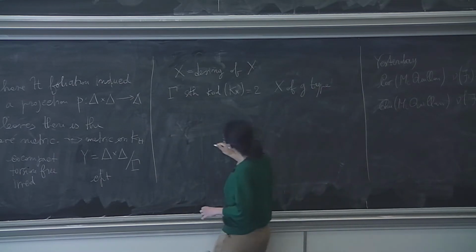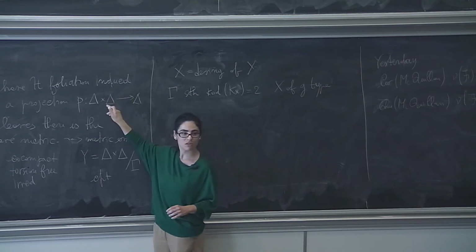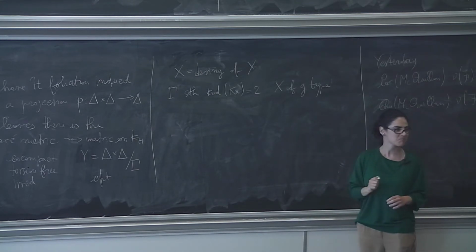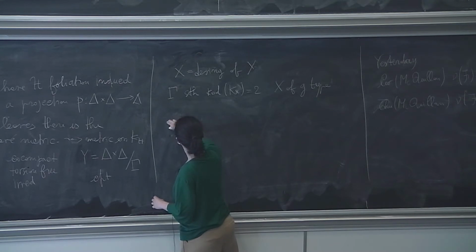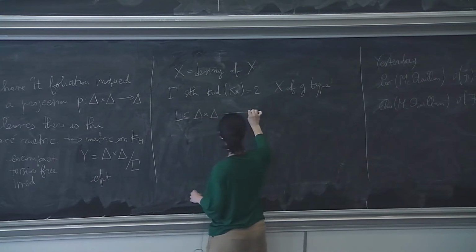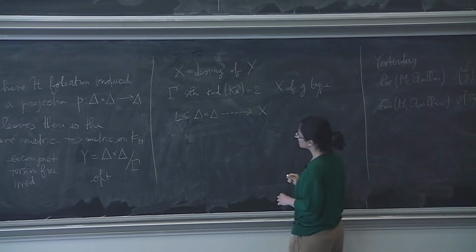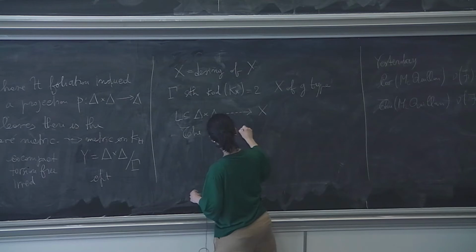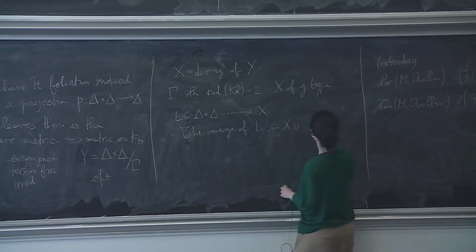And the image of the leaves of the foliation H on delta cross delta are not algebraic in X. So we ask that the image of L in X is not algebraic.